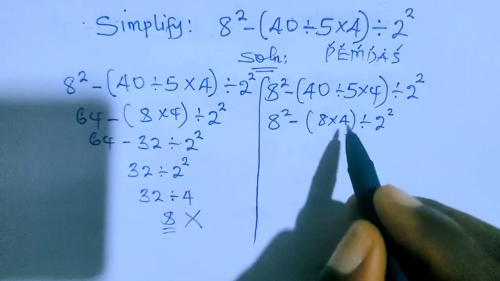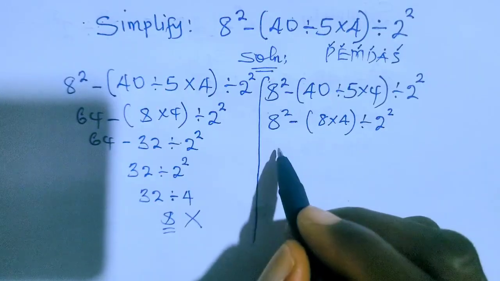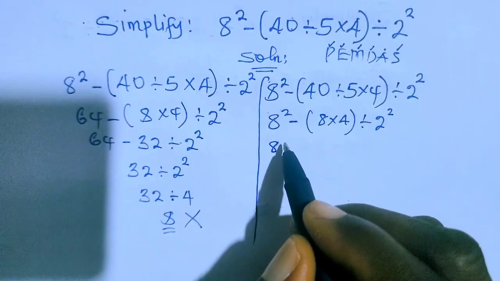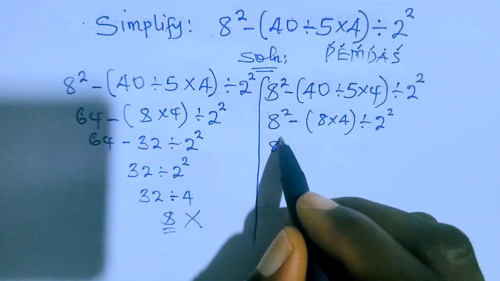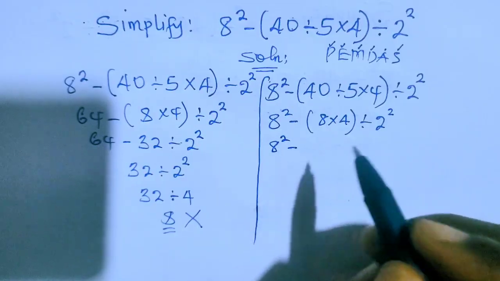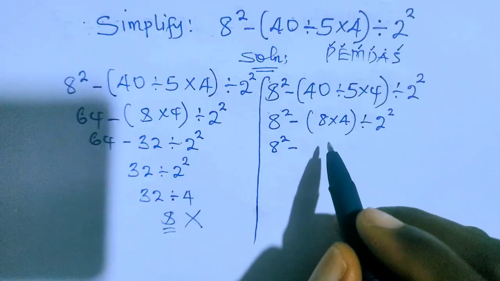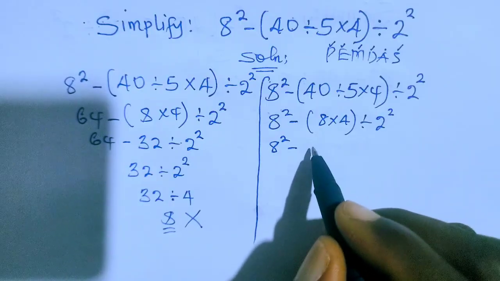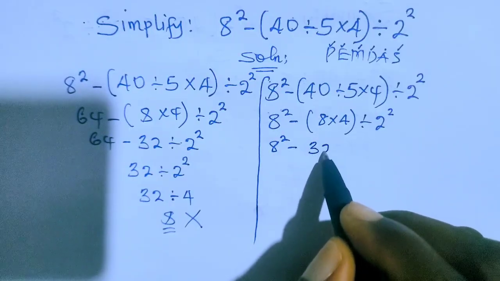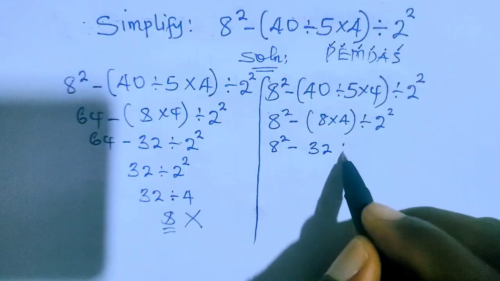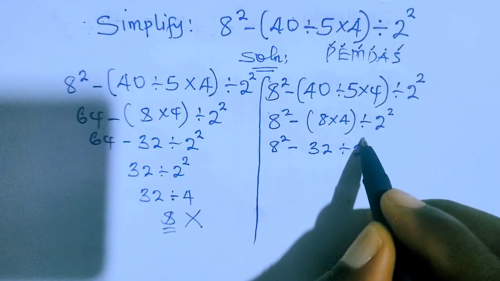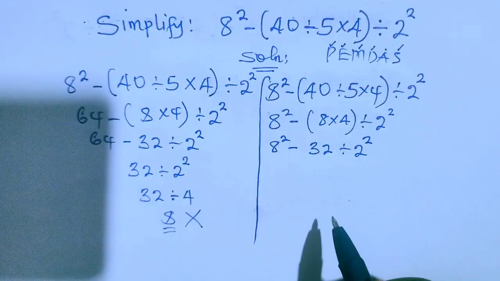We still have to break this down. Then we repeat this: 8 to the power of 2 minus, now we clear out the bracket completely, 8 multiplied by 4, that will give us 32, then divided by 2 to the power of 2.